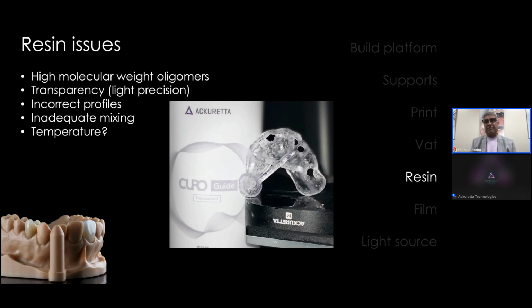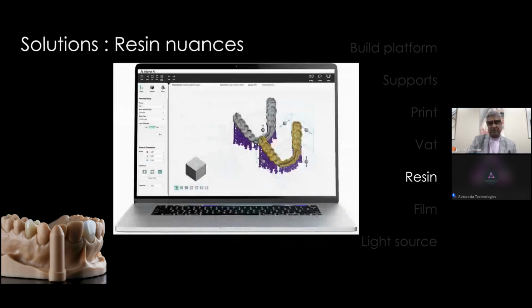You could argue that maybe we should have heating in the vat or heating in the platform, but quite frankly, if you store your resins in the right place and if you do your printing in the right environment, you really will see very few temperature problems, if any. Resin nuances in terms of orientation. For example, these are splints, and this is how a splint in AI is oriented. You can see that this basically means they're at a 45-degree angle.